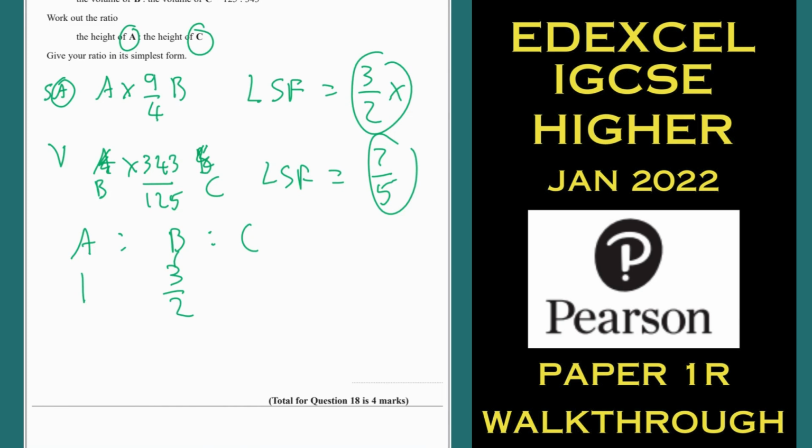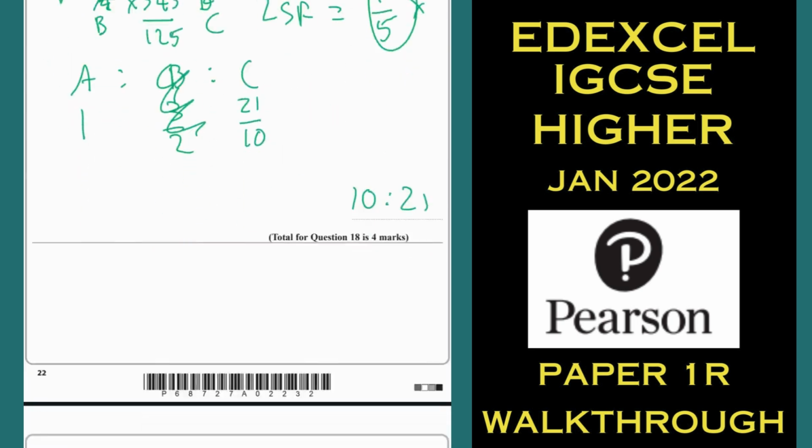So to go from B to C, you take B and you times it by 7/5. You get 21/10, which looks horrible, and you don't write ratios. I mean, there are questions where they use decimals and fractions. I always hate them. Should have integers. For me, if I was Prime Minister, that'd be my first law. We're only interested in C, so let's times both numbers by 10. And we get those integers that I am desperate for.